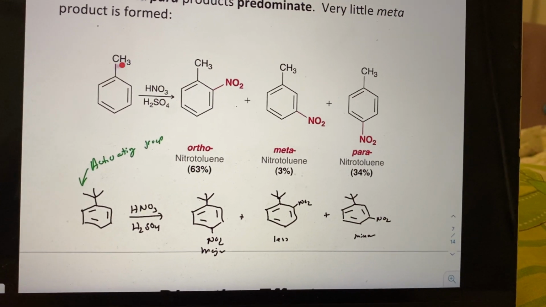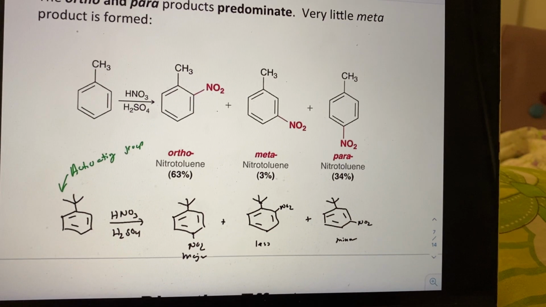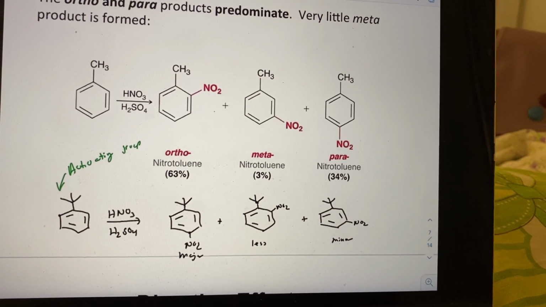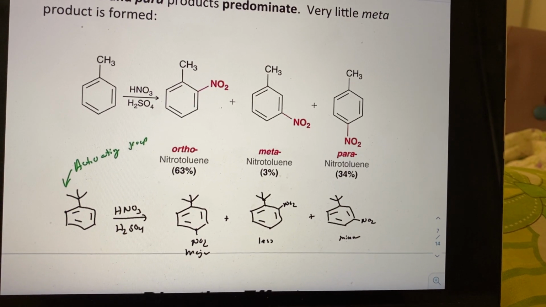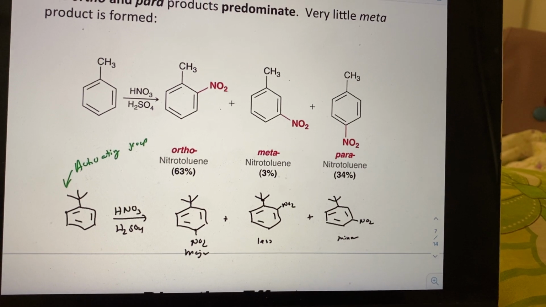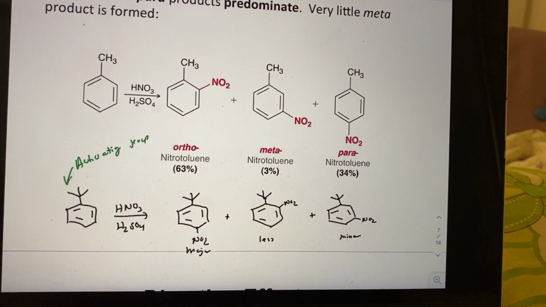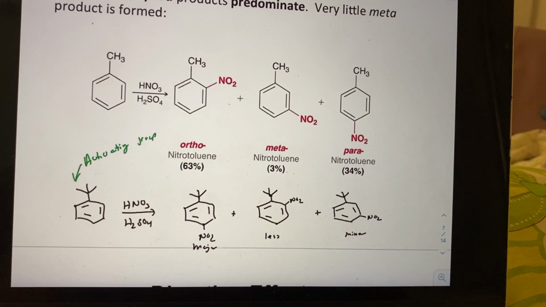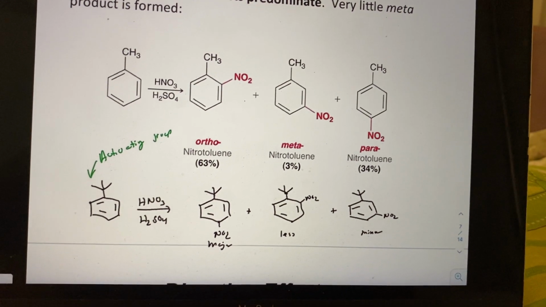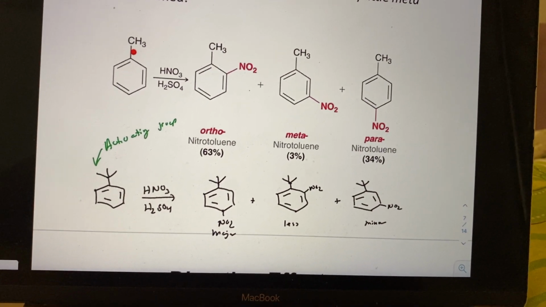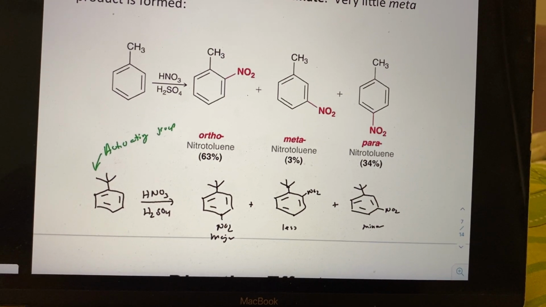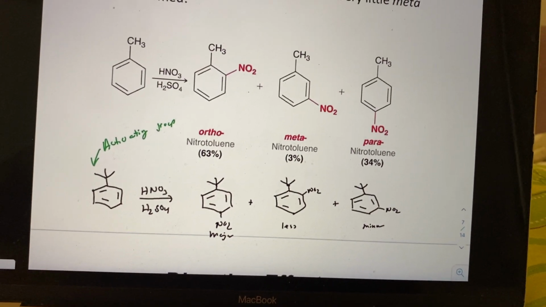So this methyl group is an activating group, would be one definition. And we can define that as an activating group by donating electron density into the ring. A little more complicated observation is this directing effect. In other words, the methyl group directs the nitro group to be ortho and para as the major product.